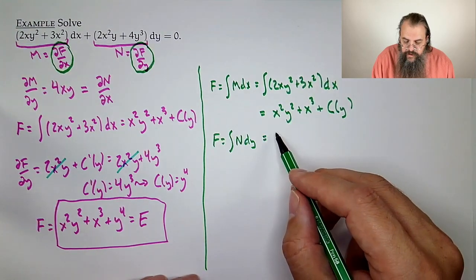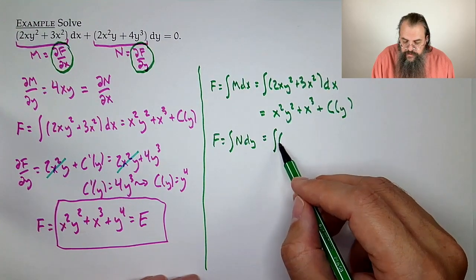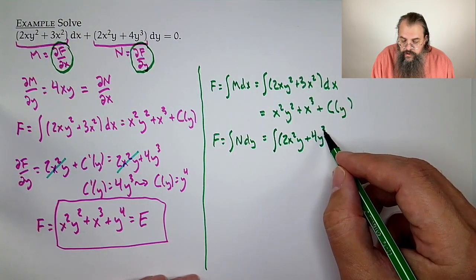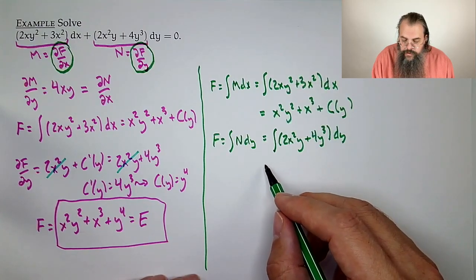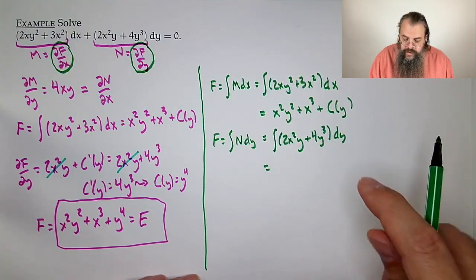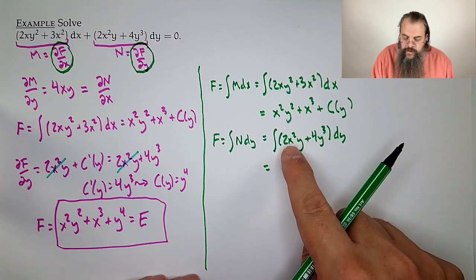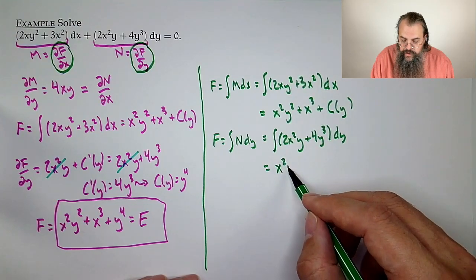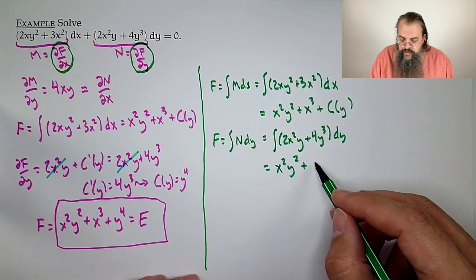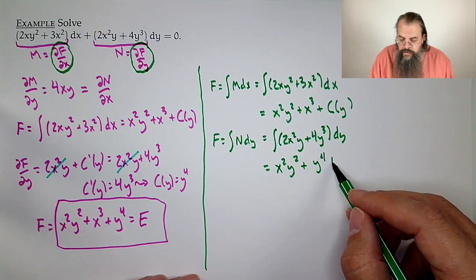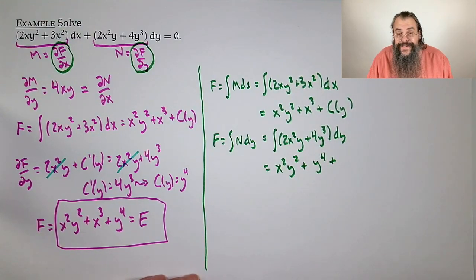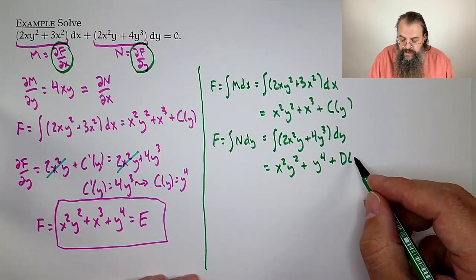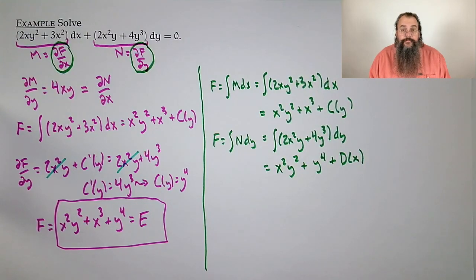All right, so now that's going to be the integral of 2x squared y plus 4y cubed dy, which is, carrying out this integral, integrating with respect to y, well, x squared is a constant, integral of 2y is y squared. So you get x squared y squared, plus y to the fourth, and plus some constant function which depends on x, right? Because we're integrating with respect to y, so x is what's constant.